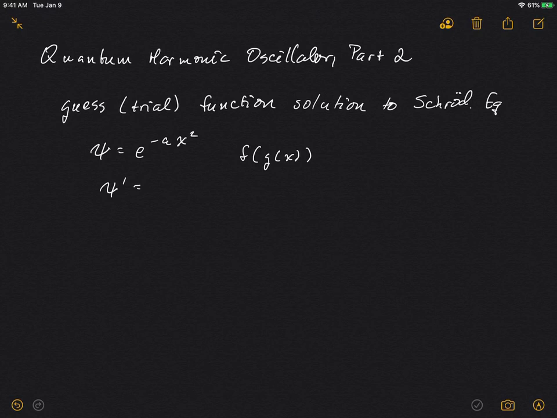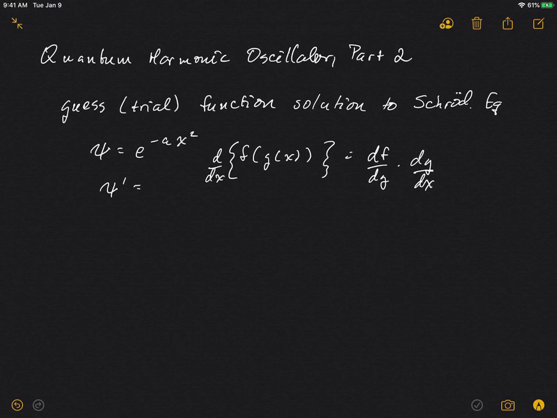And so if we want to calculate the derivative of that, according to the chain rule, it's df dg times dg dx, which seems perhaps a little bit vague, but what we mean here is that in this case, f is e to the g, and g is equal to minus a x squared.